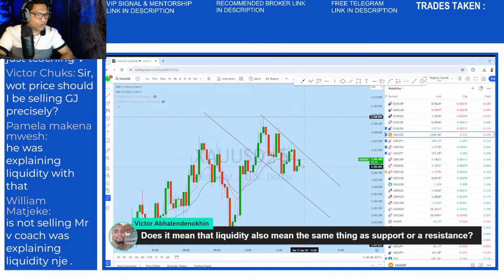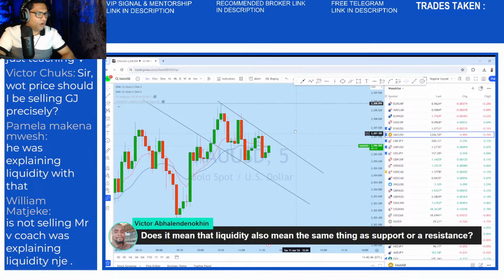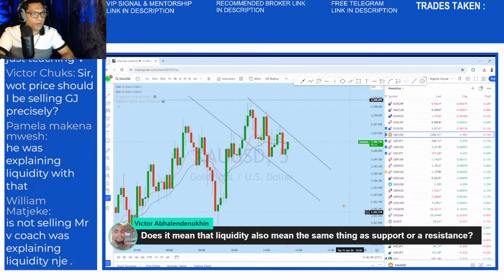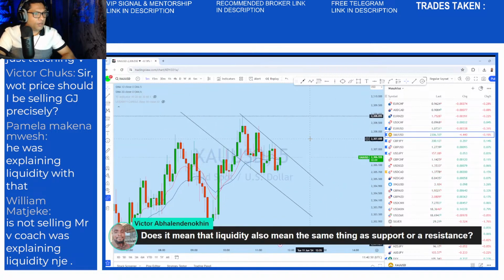Waiting for the price to go ahead, grab the liquidity, and then to drop in that direction. So yeah, potential for a break below, which is a high probability.